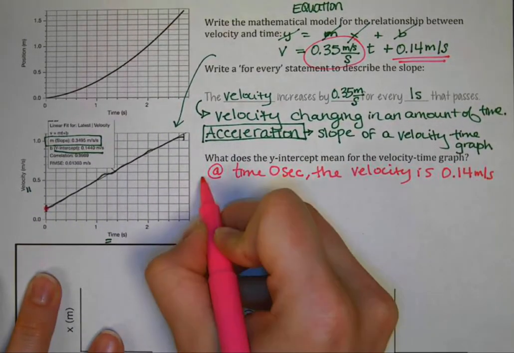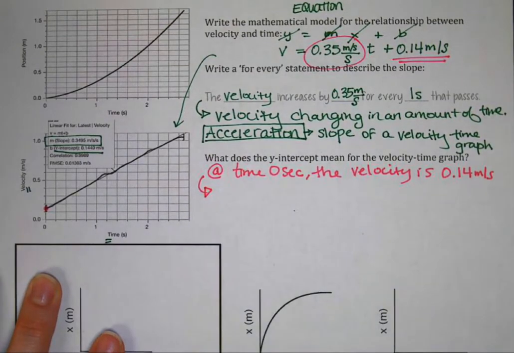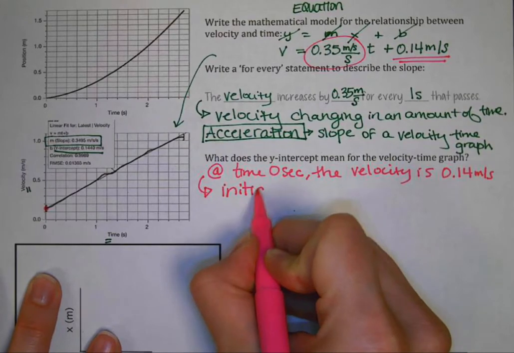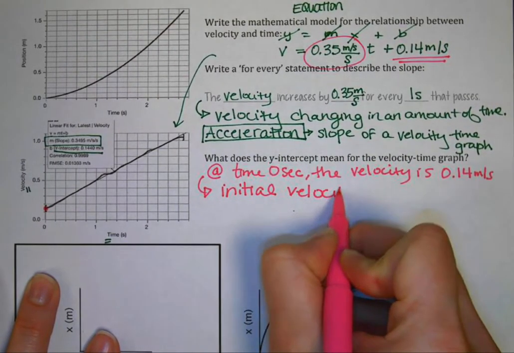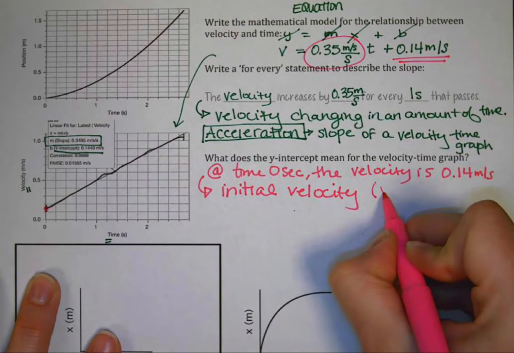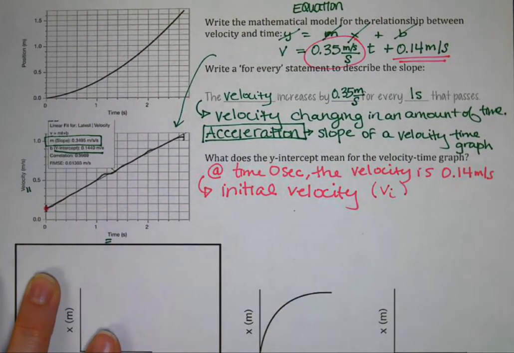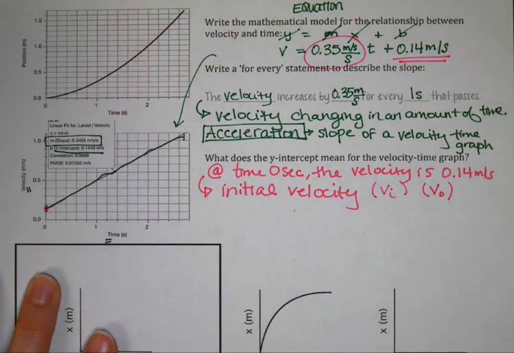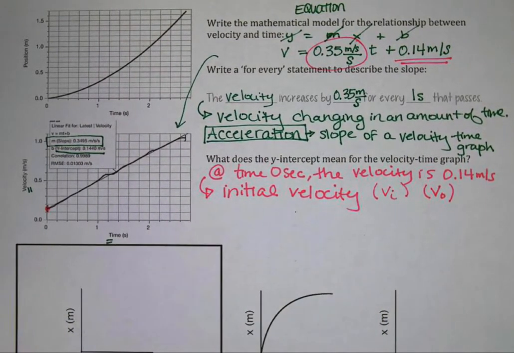So if we were to reword this, just like we did with our slope statement, this is really telling us the initial velocity. So at time equals 0, what is the velocity? Abbreviated by v sub i. Sometimes you'll see v naught. So v naught or vi is an okay way to abbreviate that.